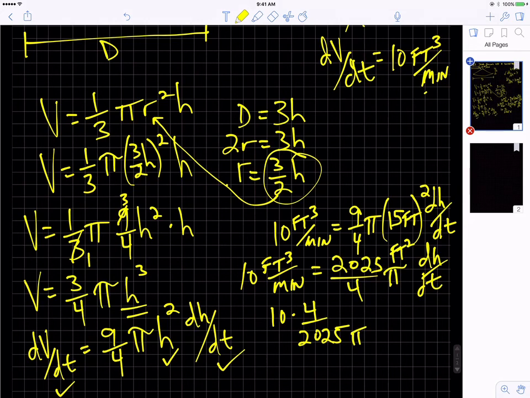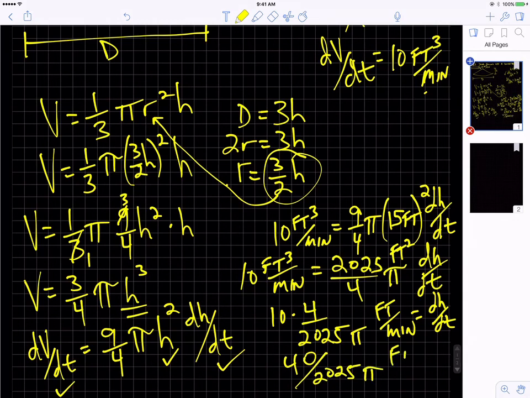Then it's feet cubed divided by feet squared, so it's going to be feet per minute. So then it's going to be 40 over 2025 pi. Remember that pi is in the denominator. Finito.